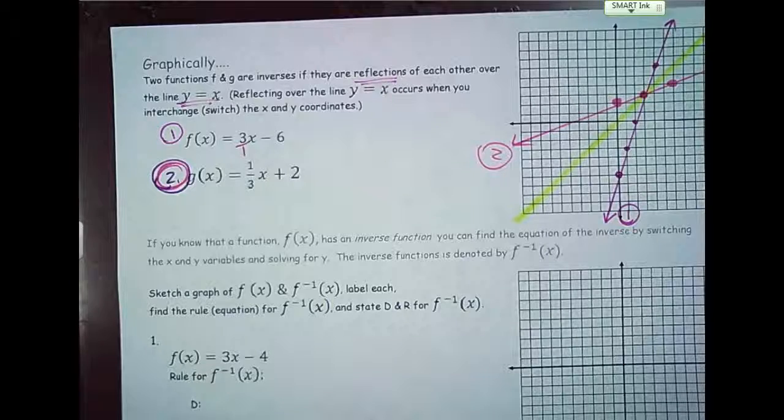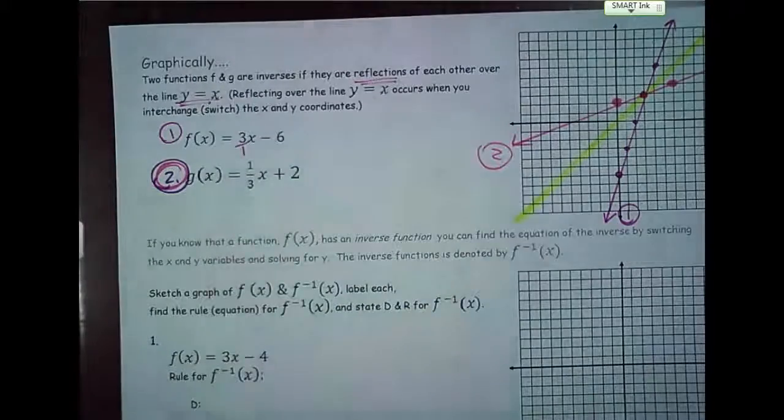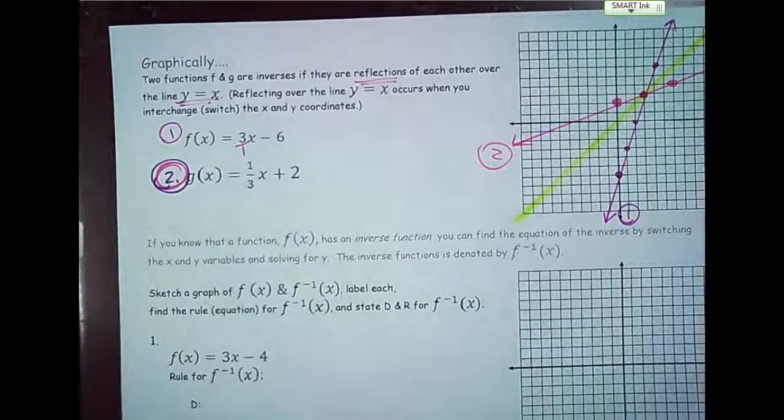Do they look like a reflection over the highlighted line? They do, don't they? You could just fold the paper on the highlighted line and they would touch each other. It would just work. What? The highlighted line? Oh, okay.